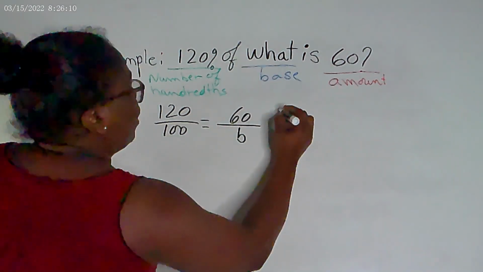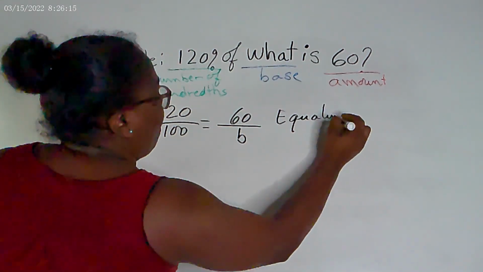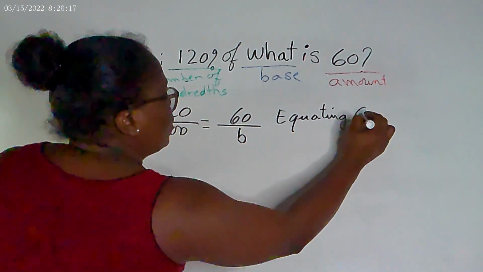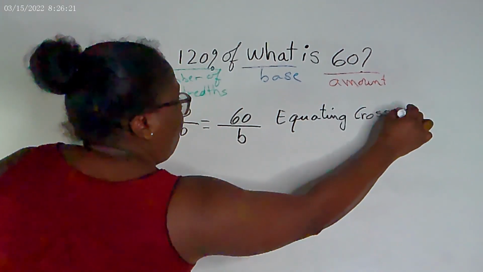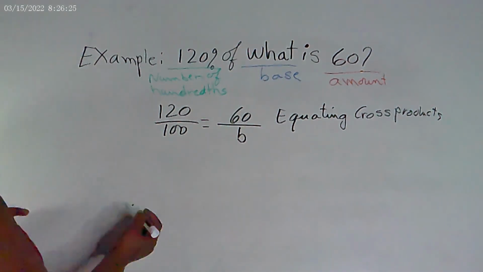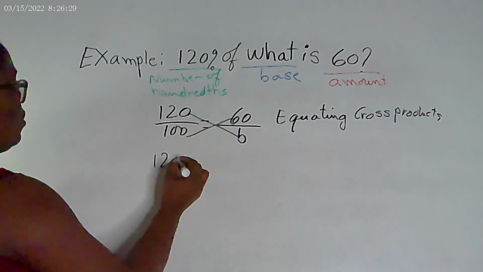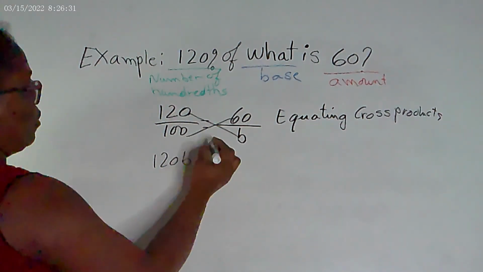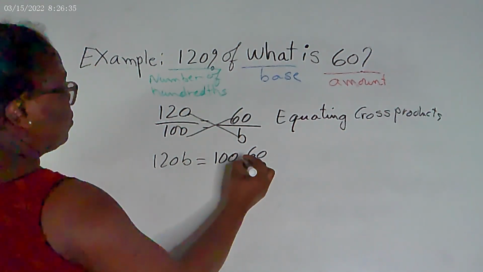Okay, let's do equating cross product. So 120b equals 100 times 60.